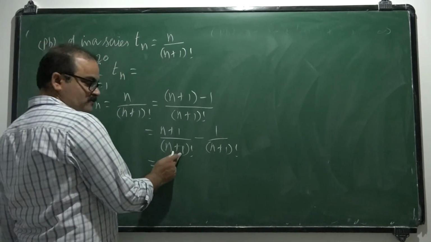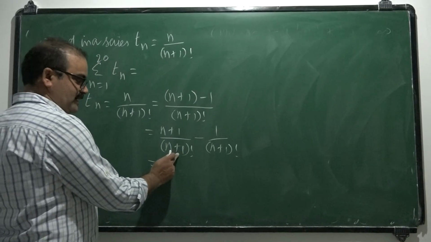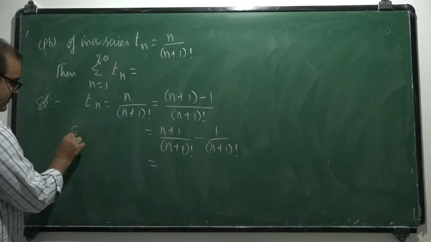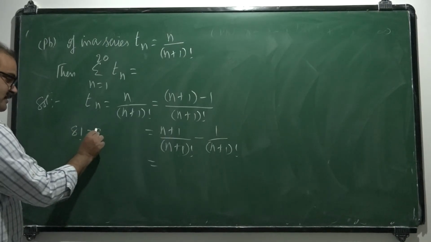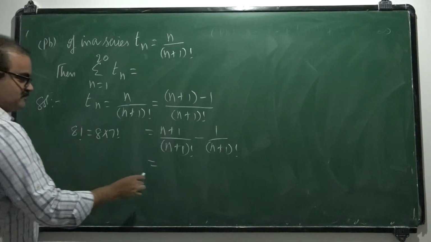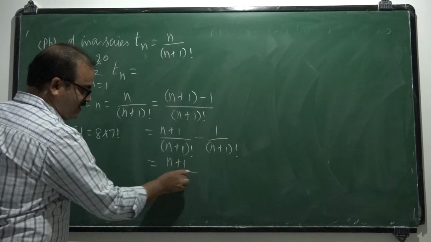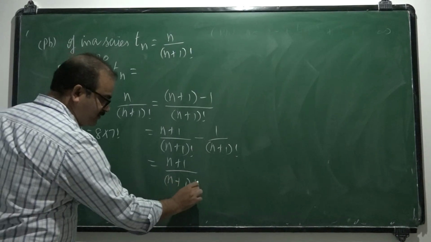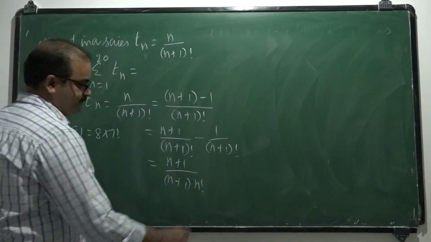Here n plus 1 factorial is taken as n plus 1 into n factorial. For example, if you take 8 factorial, that is taken as 8 into 7 factorial. Similarly, denominator n plus 1 factorial is taken as n plus 1 into n factorial.